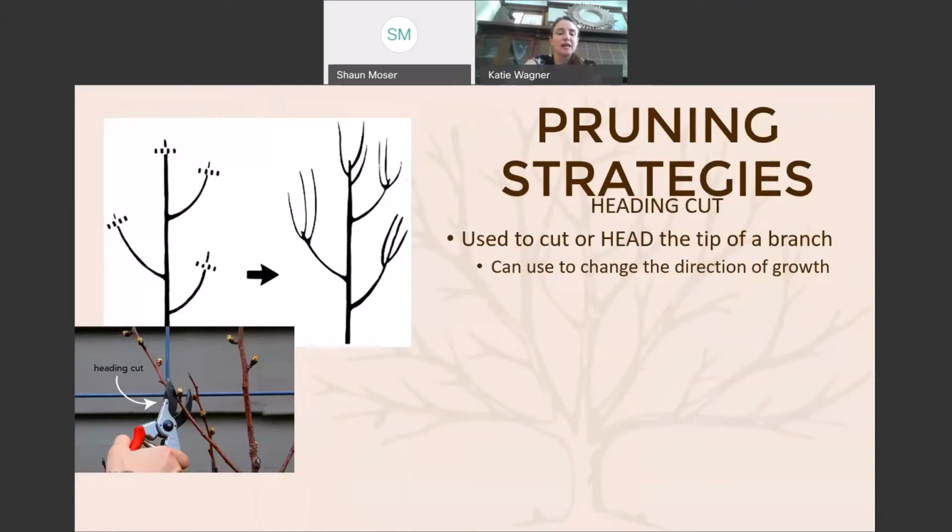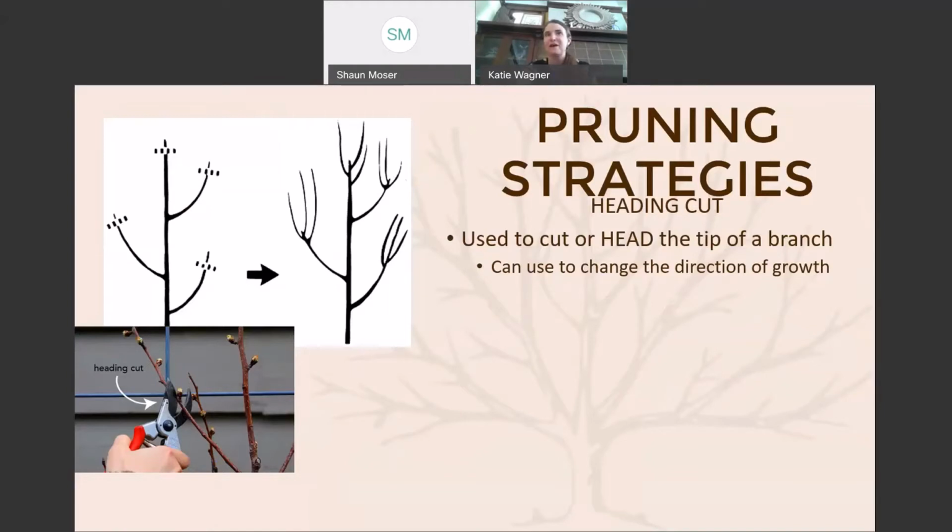When we're doing heading cuts, we want to make sure that we are cutting back to a bud that has the direction of desired growth that we would like to see that branch move in, okay? So that's the general principle of a heading cut. Now, we don't really do heading cuts very often in apples and pears, pome fruits.